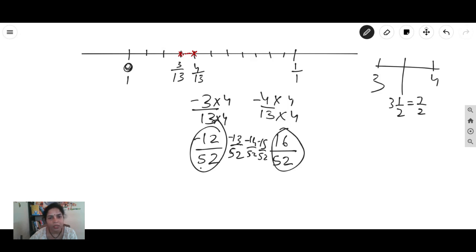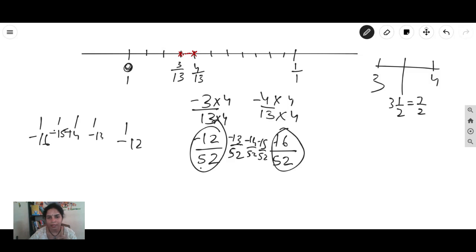So between negative 12 and negative 16, if negative 12 is here and negative 16 is here, surely negative 13, negative 14, negative 15 are all going to be between them. So whether it is positive rational numbers or negative rational numbers, it doesn't matter. You just have an extra negative sign coming in.